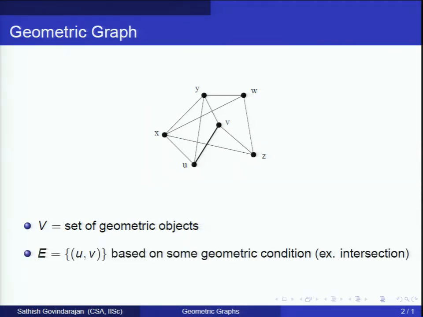And you have an edge between two vertices, or between two geometric objects, based on some geometric condition. For example, if the objects intersect, then you will put an edge. So this is very broadly the notion of geometric graphs. It's called geometric graphs because what you have is a graph, but the graph is coming from some geometric setting and some geometric properties.